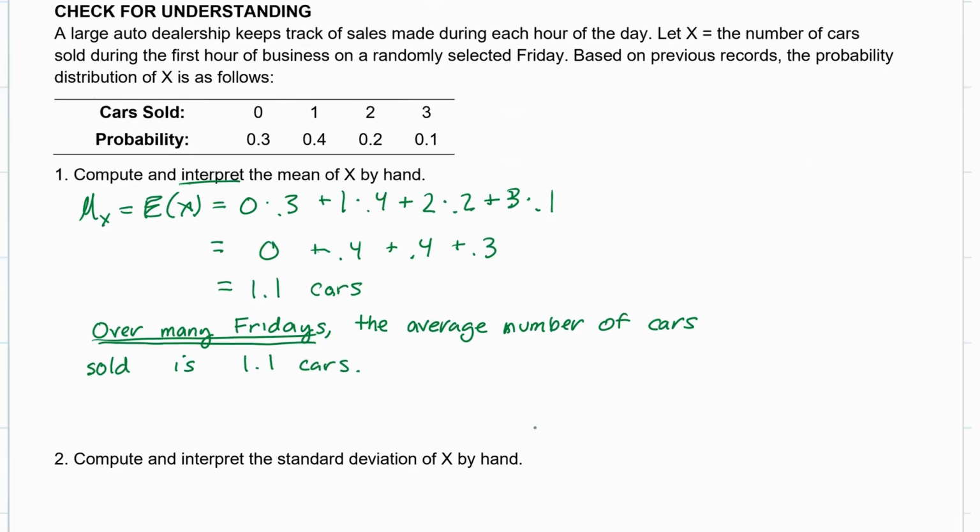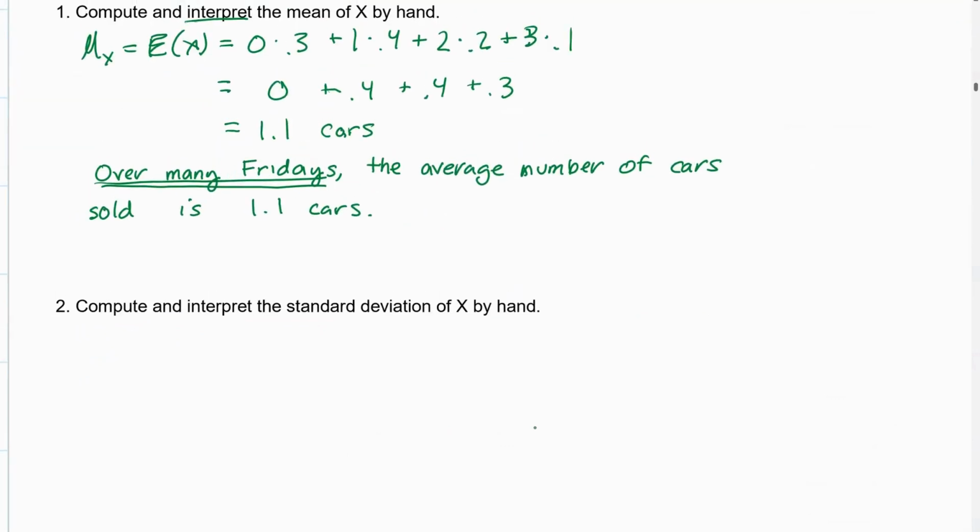All right, let's see if we can calculate the standard deviation by hand. Remember, first we're going to calculate the variance, which is sometimes, again, sigma squared of x. And it is a data value minus a mean squared multiplied or weighted by that probability. One more time.